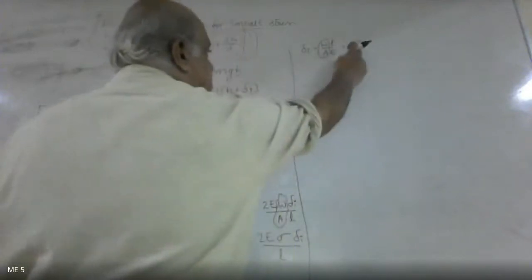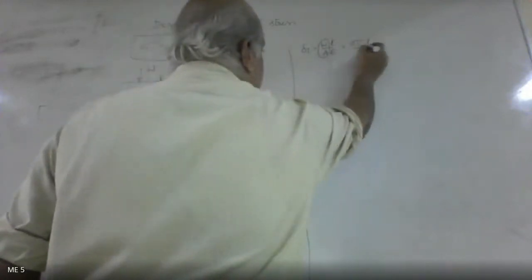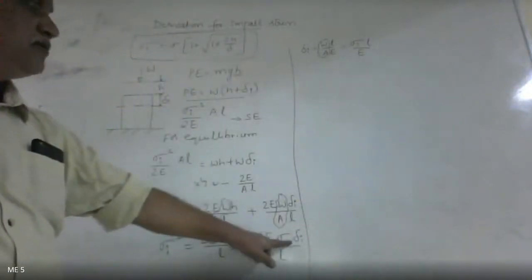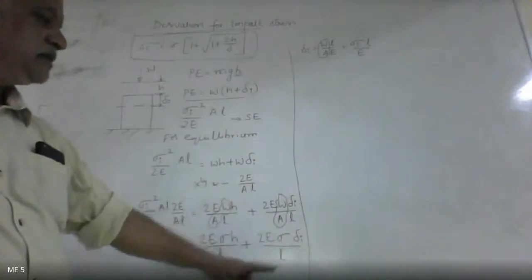So therefore it's going to be sigma I into L by E. I put that value of sigma I L by E into this expression.